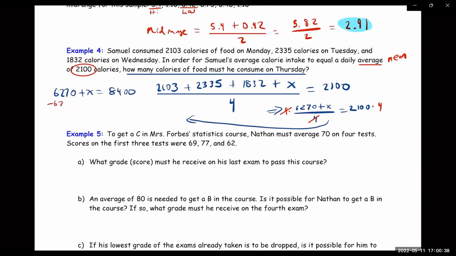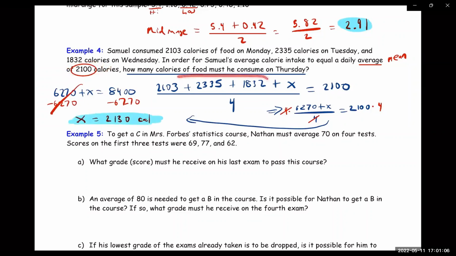At this point, we just subtract 6270 from both sides. And you should get 2,130 calories. So that's how many calories he should eat on Thursday if he wants to average 2,100 per day.